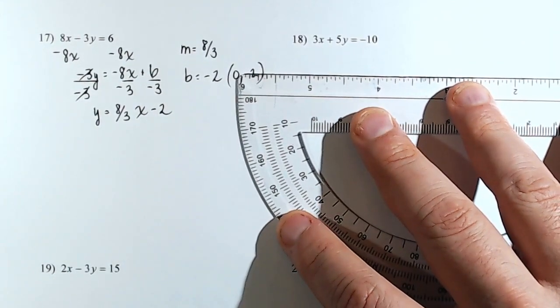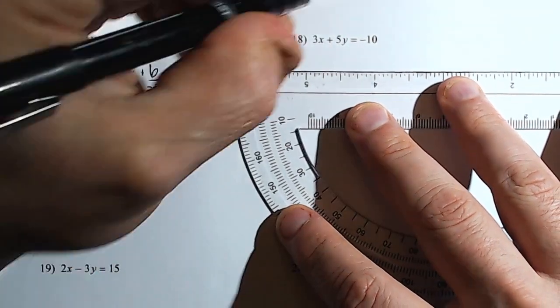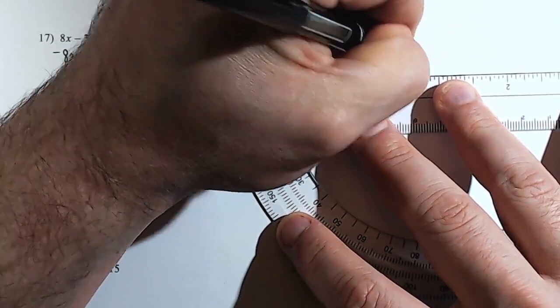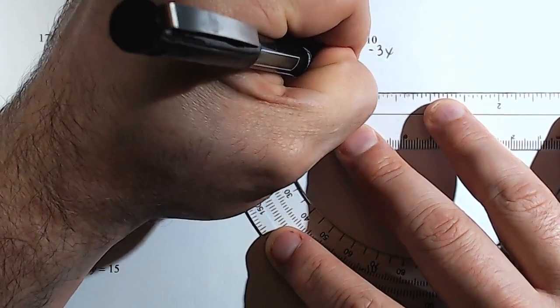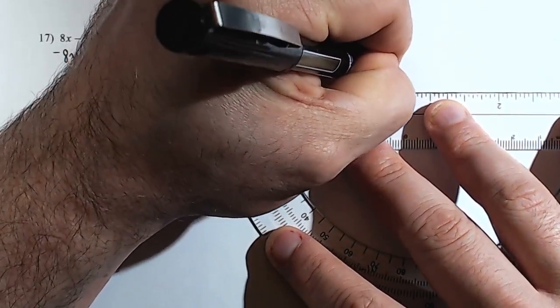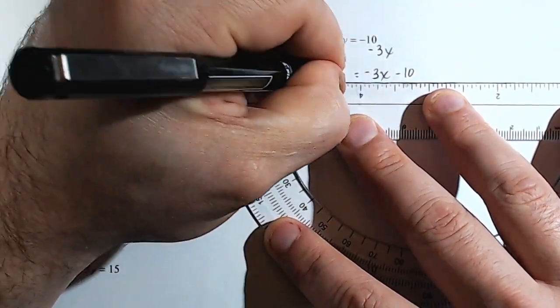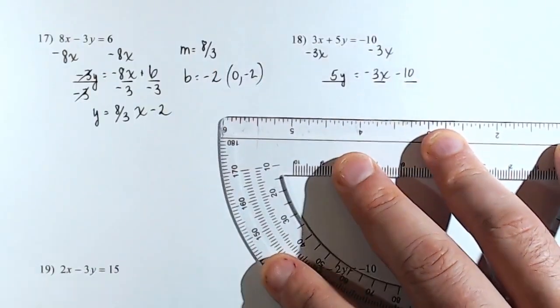Okay, 3x plus 5y equals negative 10. This is number 18. So we'll subtract 3x on both sides and we get 5y equals negative 3x minus 10. Divide each term by 5.